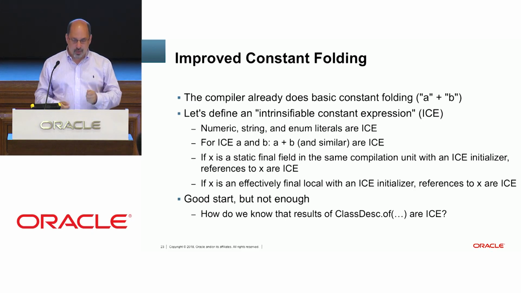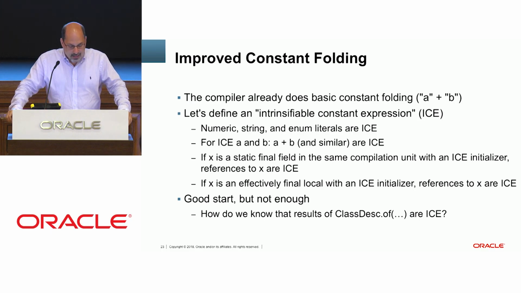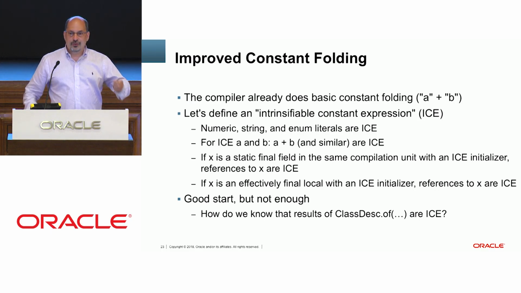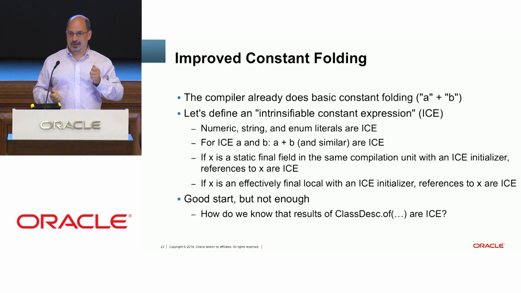And then here's where we kind of depart from the constant folding that we do today. We also say, if you have a reference to a static field in the same compilation unit, a static final field, whose initializer is also an intrinsifiable constant, then the reference is a constant as well.